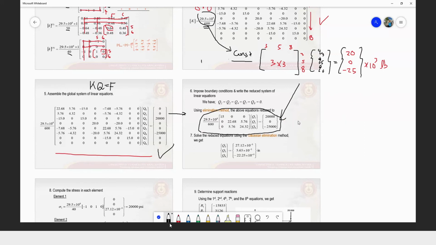Tapi untuk kita punya practice, we can work in slightly different way. Kita straight away tengok kepada boundary condition, and then we come up with the reduced, itu yang dipanggil sebagai reduced equation for the system of linear equation.